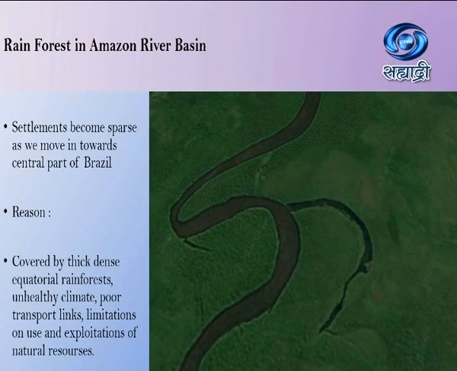The river Amazon flows there, and the area is covered by the rainforest, and that is the reason why the area does not have a thick population or thick growth of settlements. Covered by thick, dense equatorial rainforest, unhealthy climate, as we saw, poor transport links, and limitations on use and exploitation of natural resources.